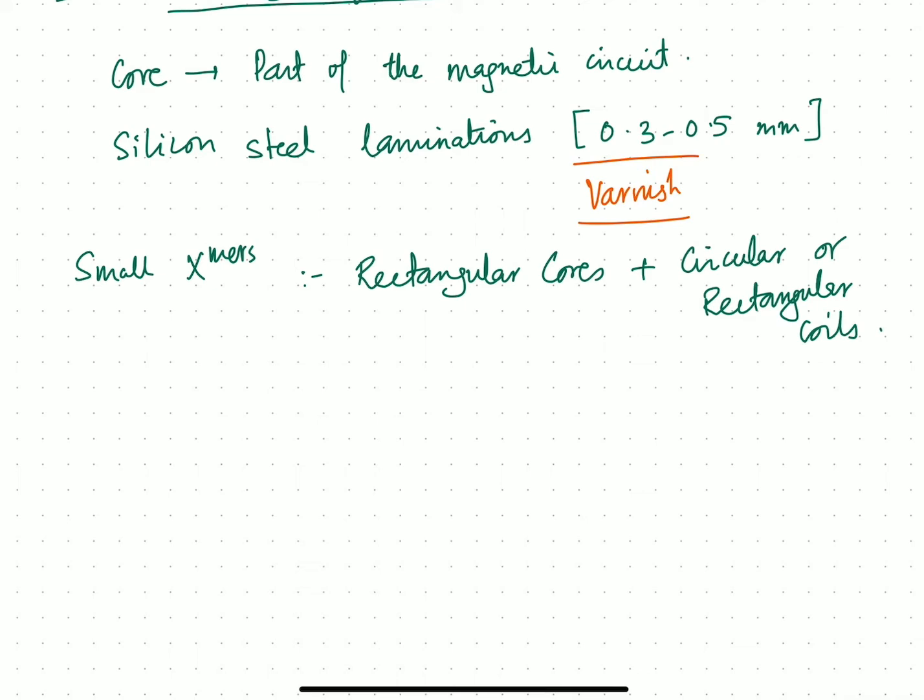However, for large size transformers, I have talked about this in the previous lectures as well. In the large transformers, this design of rectangular core is not suitable due to various factors which I'll talk about in a bit. So in general, it is to be noted that you have circular cores with circular coils.